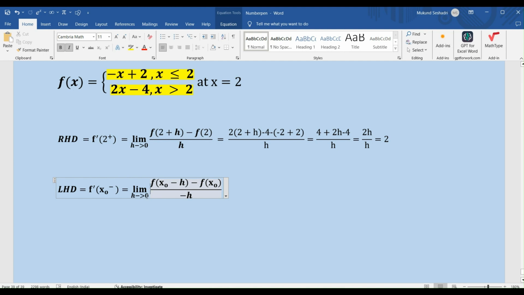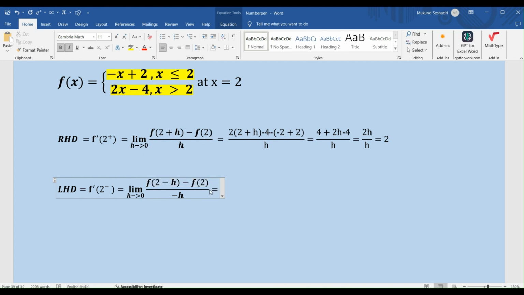The point at which I'm examining my differentiability. So I can go ahead and substitute it as 2 because that point where we are going to study the differentiability is 2, right? So now we have our LHD equals limit h tending to 0 f of 2 minus h minus f of 2 divided by minus h, right?